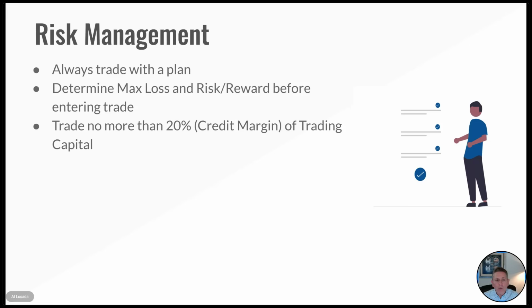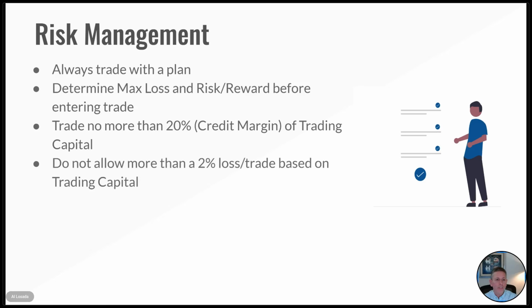So if you have a $10,000 capital, you don't want to go past 20% of that, because you could go lower, and that's why you want to have enough capital to be able to manage the trade if it goes against you. Okay, so it's very important.